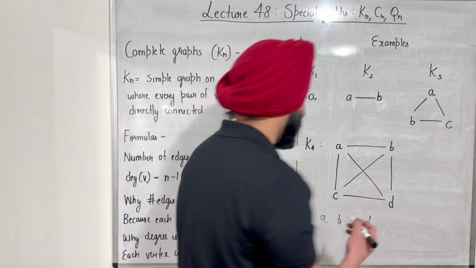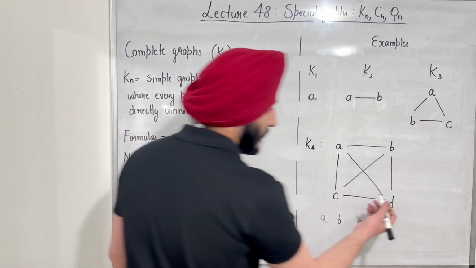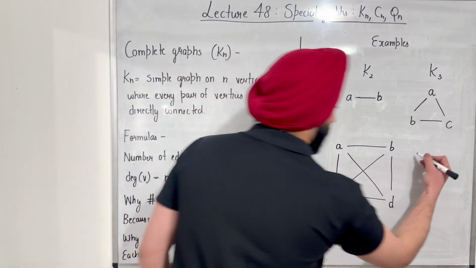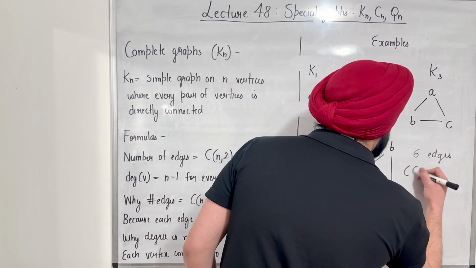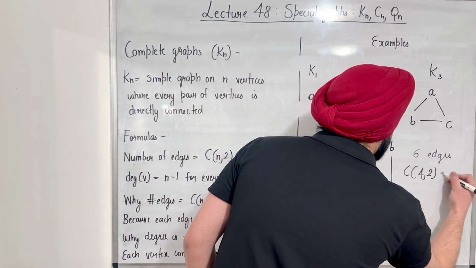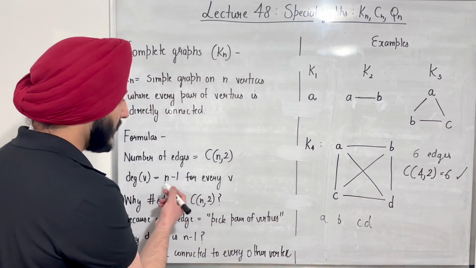If you look at the number of edges, I have number of edges equals C(n, 2). Let's count it ourselves. If you look at this, there are 6 edges. And if you solve C(4, 2), this is also 6. So that means we are correct. Let's take a look at the degree of each one.